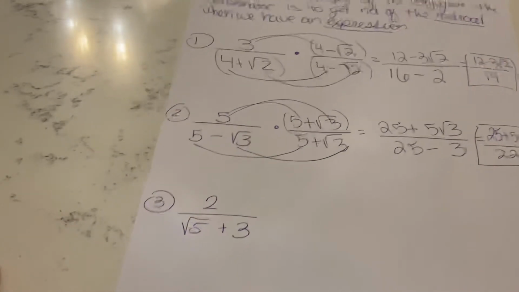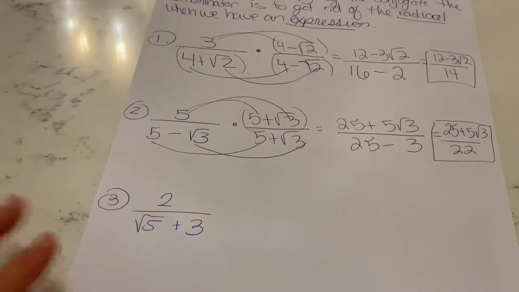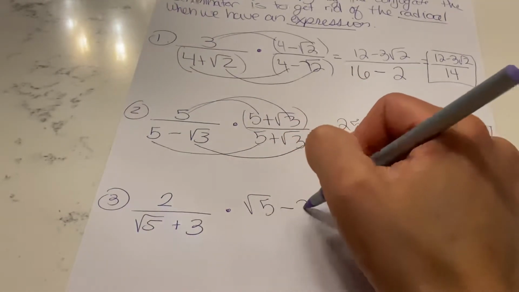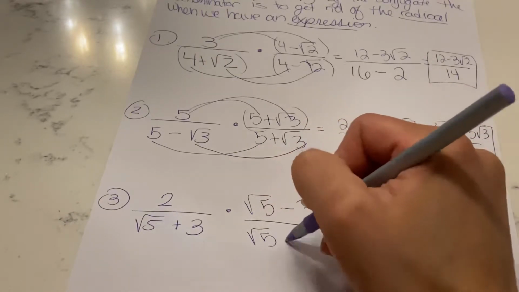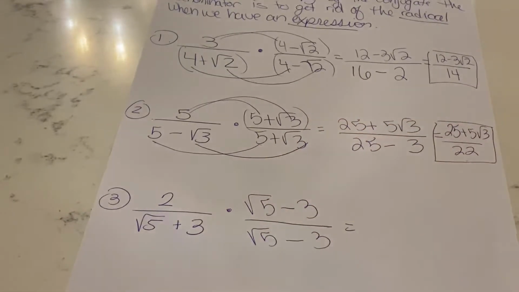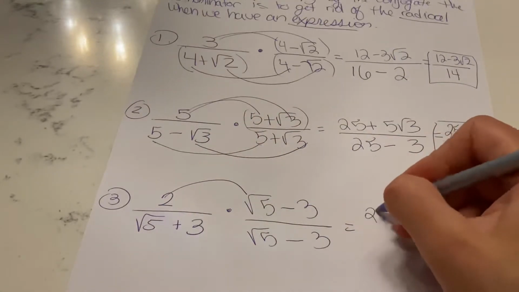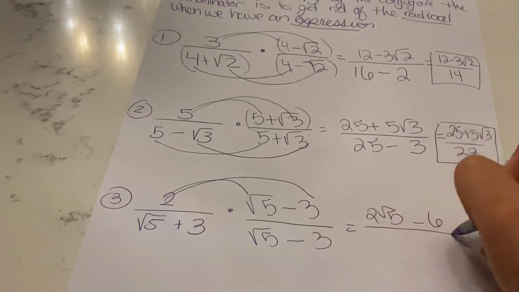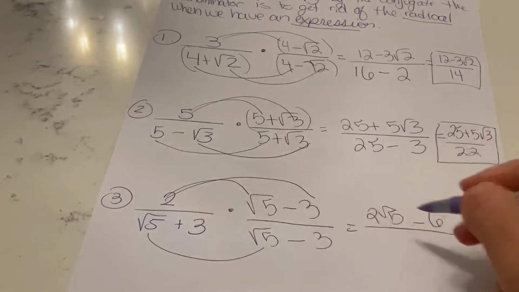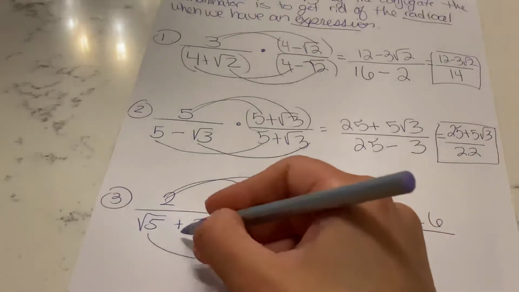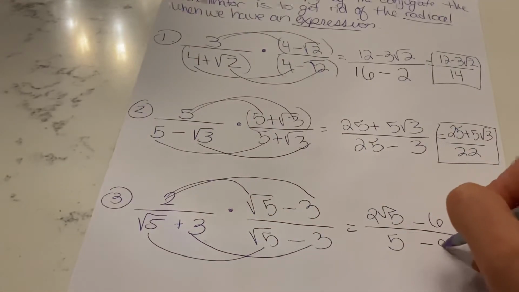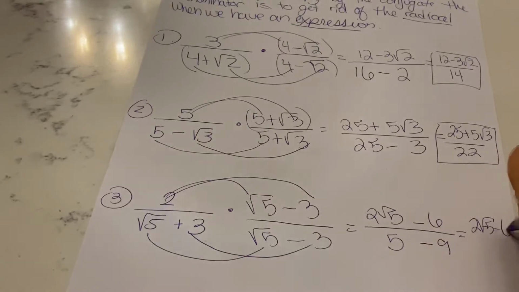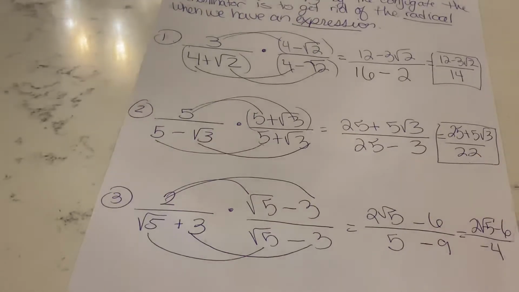All right, so here's the last one. So what's the conjugate? Radical 5 minus 3. Okay, I distribute, so I get 2 radical 5. And 2 times negative 3 gives you negative 6. Then first gives me 5. Last gives me negative 9. So I get 2 radical 5 minus 6 over negative 4.